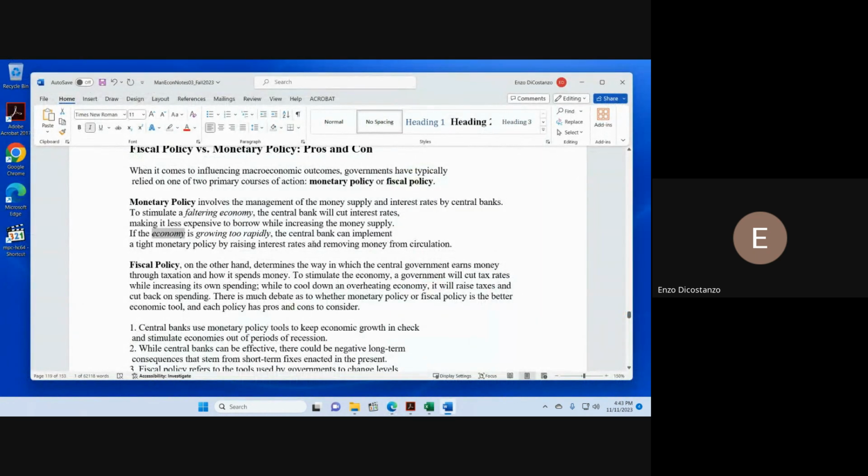Okay, in terms of monetary policy, and I've said this in class, what we saw since '08, '09 was that they obviously wanted to stimulate the economy as much as possible: more money supply, less expensive to borrow, lower interest rates, and low interest rates for quite a while. And then the economy is growing too rapidly.